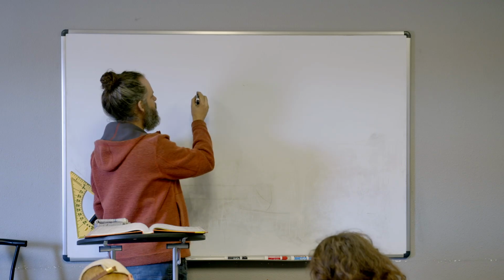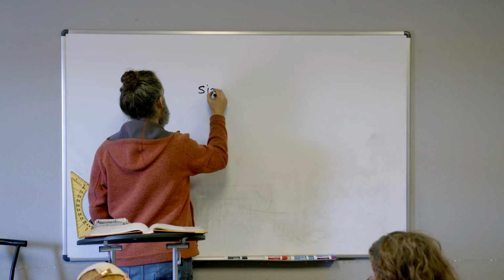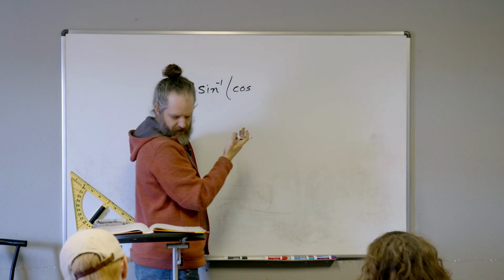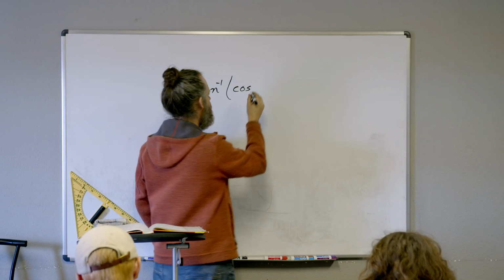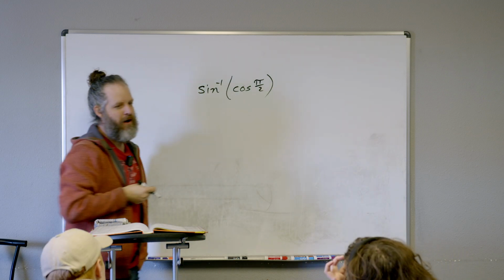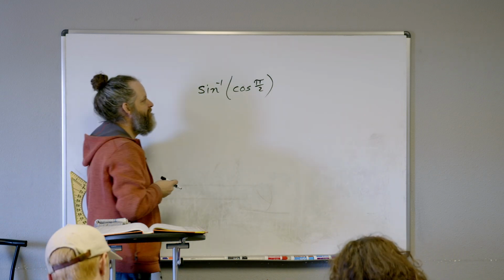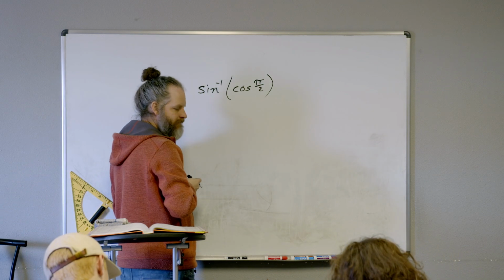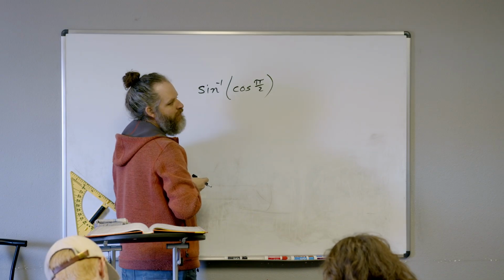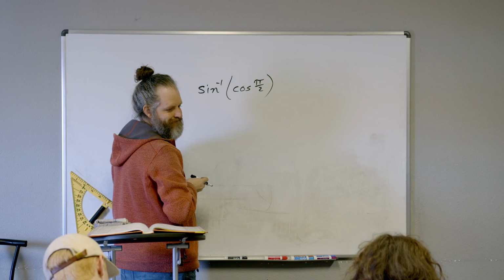So we're trying to find the inverse sine of the cosine of pi over 2. What's the cosine of pi over 2? Square root of 3 over 2? I don't think so. 0.